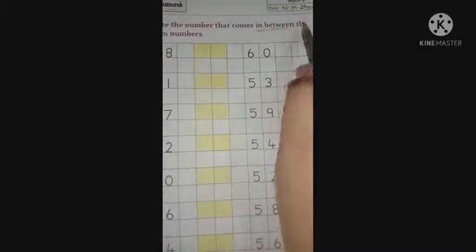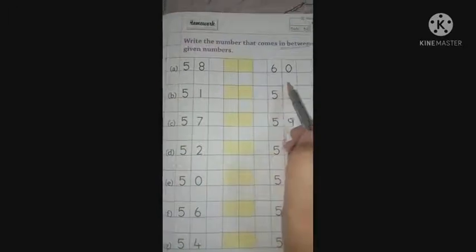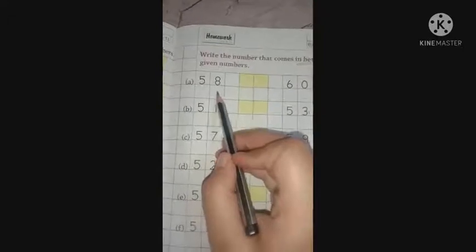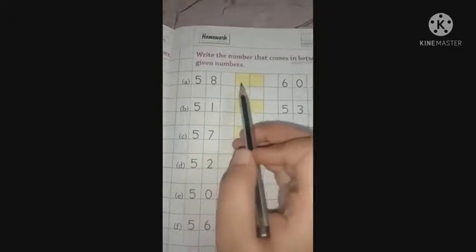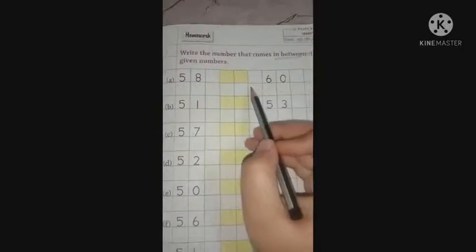Here we are having number 58 and here we are having 60. It means first we have to think what comes after 58, that is the after number, the coming number. Then we have to think what comes before 60, that is the previous number. Only then we will get the number that comes in between these two numbers.